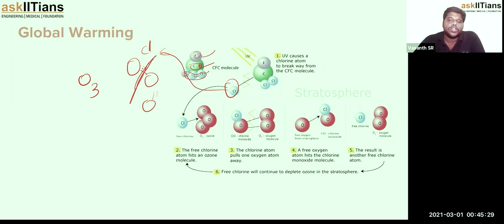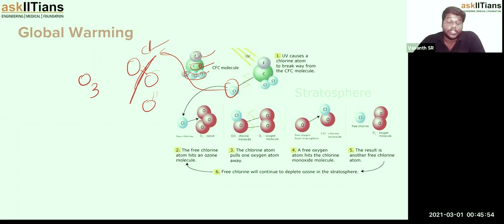Which literally makes oxygen available in the stratosphere. So once this oxygen is available, the chlorine will again be attracted, and this literally forms an oxygen molecule O2, and the chlorine will be released again out of it. Okay, this process is called depletion.